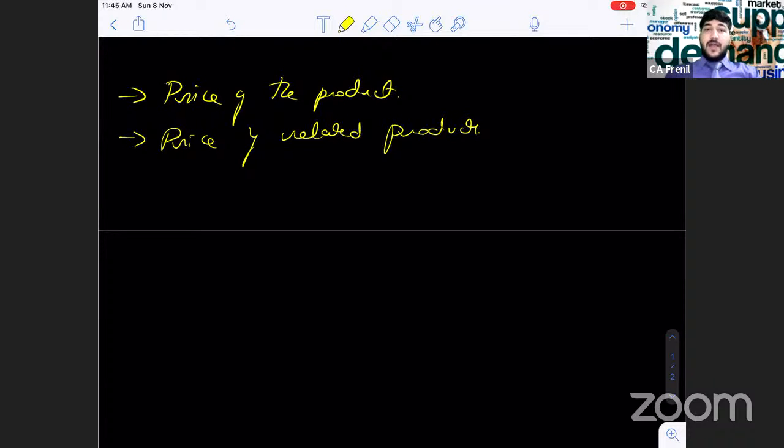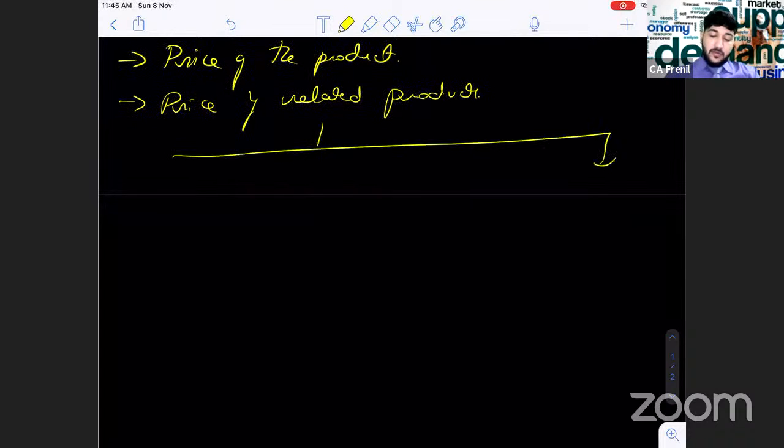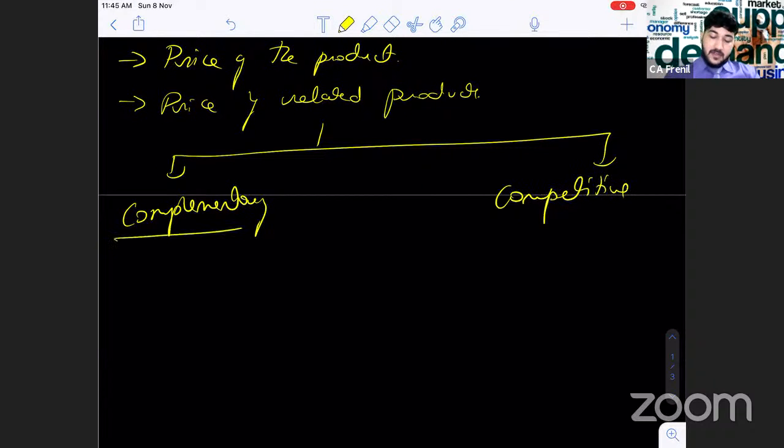Now, let us go back and discuss complementary goods first. What happens if the price of the complementary good reduces? There are two types of related goods: complementary and competitive. Now complementary, what happens? For example, there is a pen which is sold at 10 rupees and there is ink which is sold at 5 rupees.